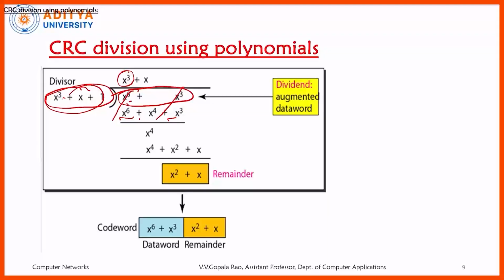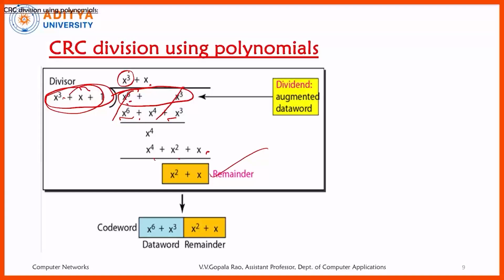So we are getting x multiplied by x cube plus x plus 1, which comes to x to the power of 4 plus x square plus x. If you subtract, then x to the power of 2 plus x is the remainder we are able to get. This can be called the actual CRC in polynomial notation.